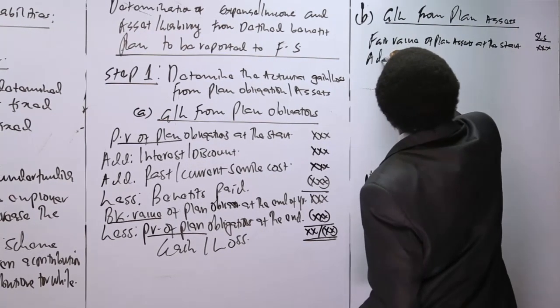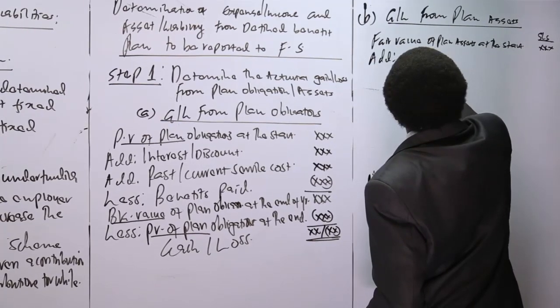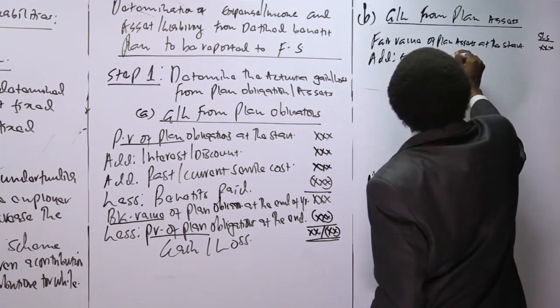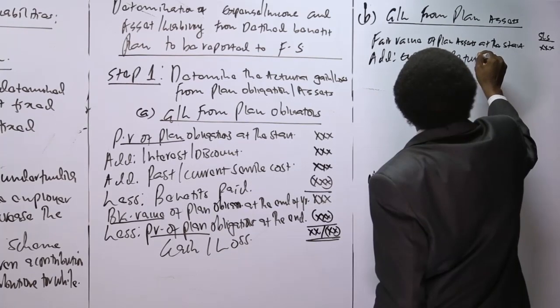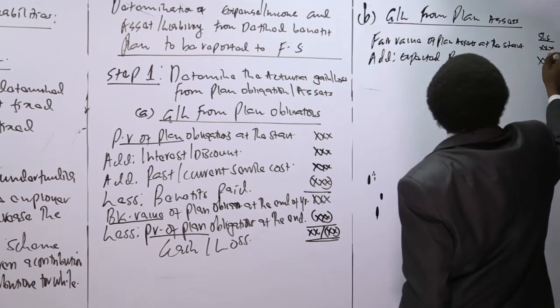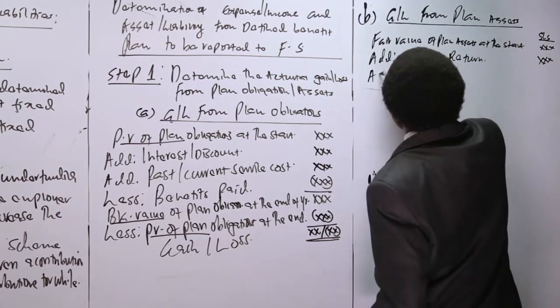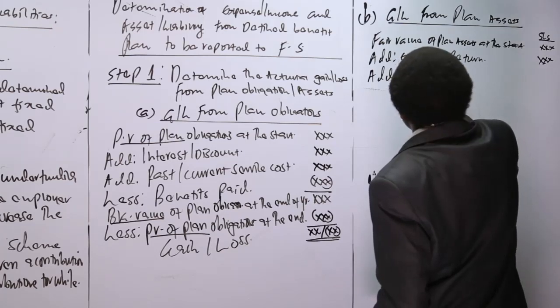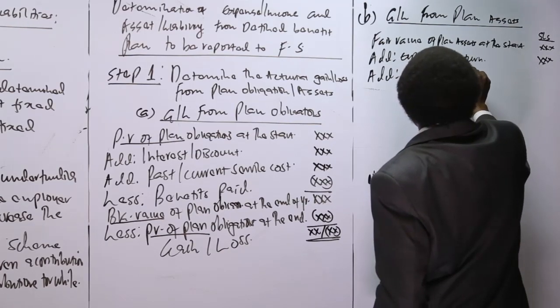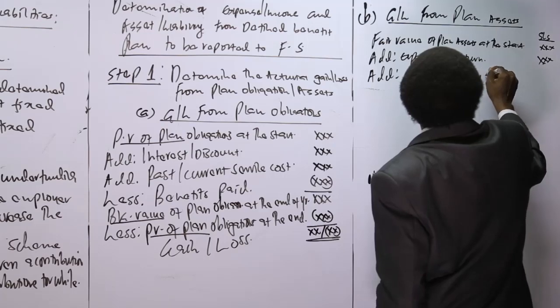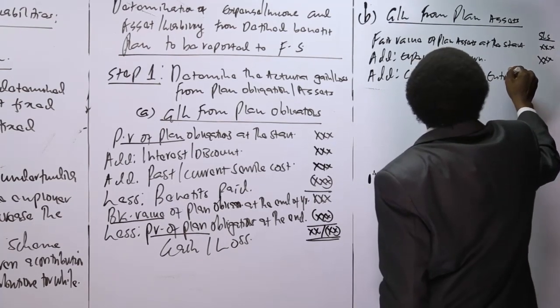Then we add the expected return on assets. Then we also add the contributions by entity.